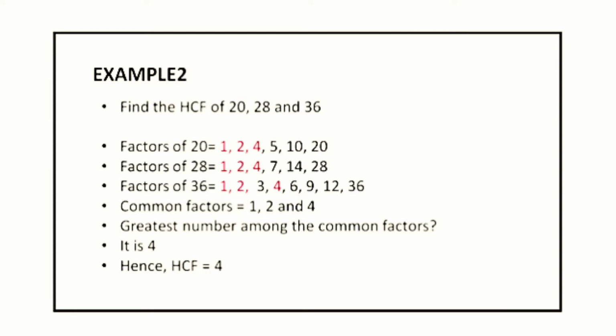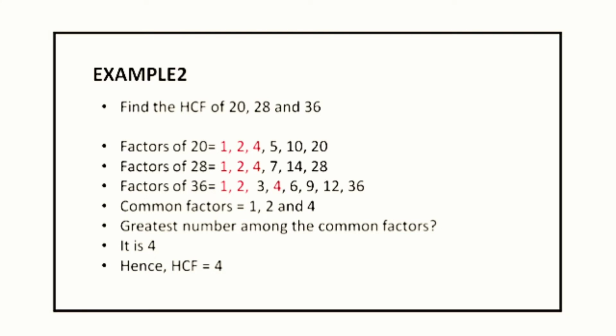Find the HCF of 20, 28 and 36. In this case also, we have to determine the factors of each number first. Second step, determine the common factors. And the final step, determine the greatest number among the common factors.